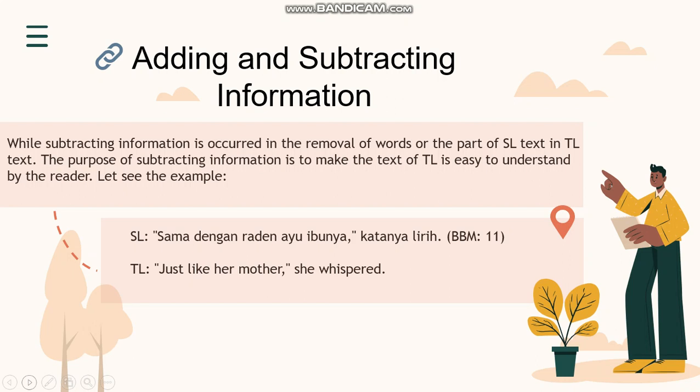Check the example here. In the source language, "sama dengan Raden Ayu ibunya, katanya lirih." While in the target language, "just like her mother, she whispered." So we can know from the example here that the translator wants to make the sentence in the target language easy to understand.